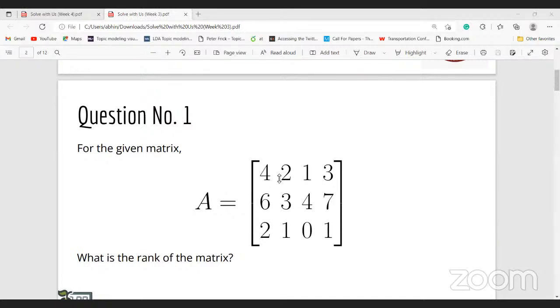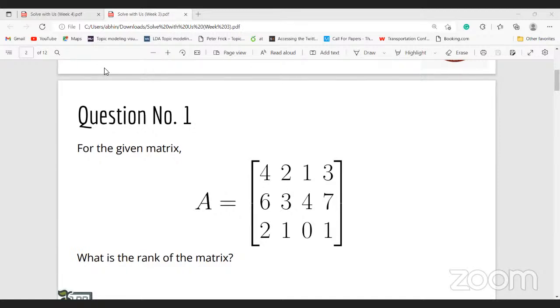I've got only one answer from Saktivel: 2. Any other answer? Okay, Yusuf too. So everyone is getting 2 as the answer.